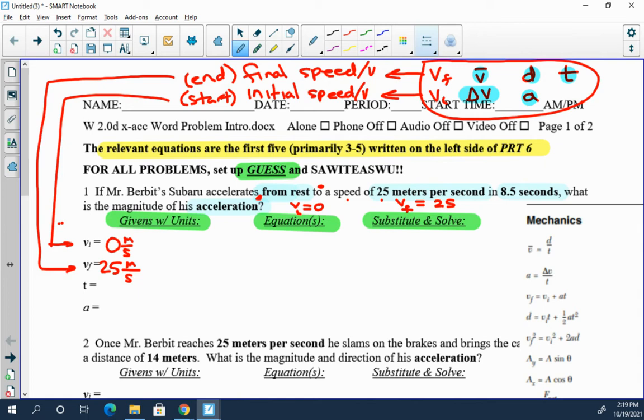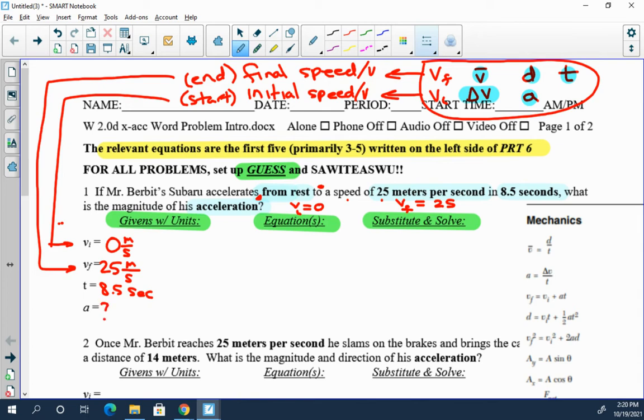Time that's been provided to you is 8.5 seconds. If your 5s and s's look alike, which they kind of do on the board here, I would write SEC to make sure. And then finally, what is the acceleration? That is what we do not know. We will put that as a question mark.